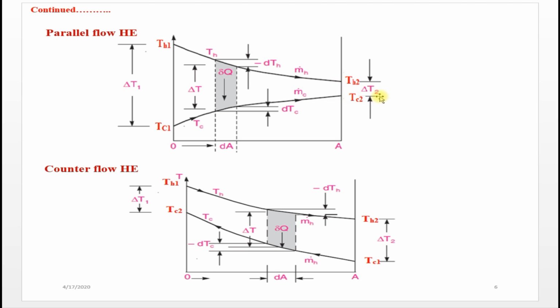Similarly for counter flow, delta T1 is Th1 minus Tc2, and delta T2 is Th2 minus Tc1. It is required for the calculation of LMTD.